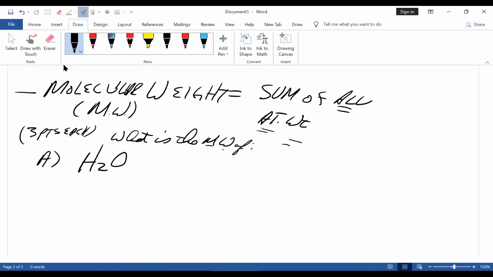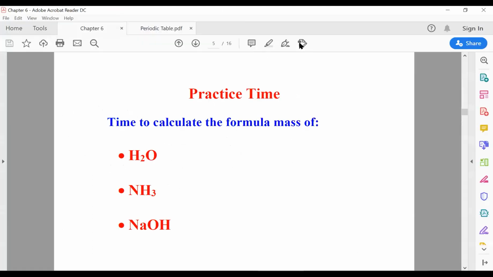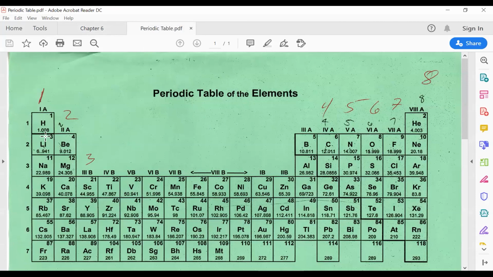I'll give you this information, and therefore, the molecular weight of water is the sum of the atomic weights of all atoms in the molecule. Water has 2 hydrogens, 1 oxygen. Now, what's the atomic weight of hydrogen? Well, if we look at our periodic table, rounded off to 3 significant figures, hydrogen is 1.01, oxygen to 3 significant figures, 16.0.